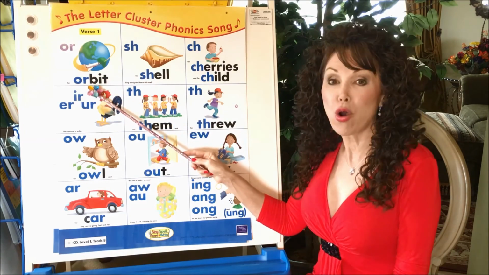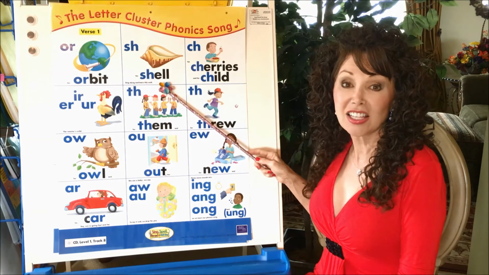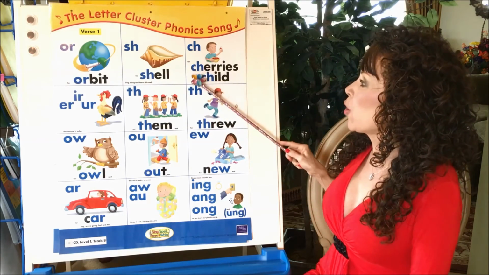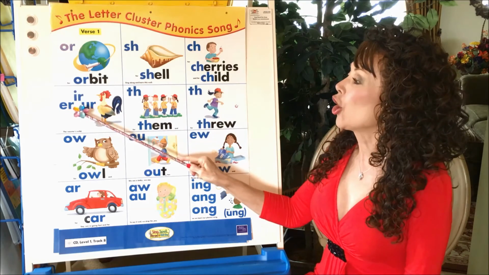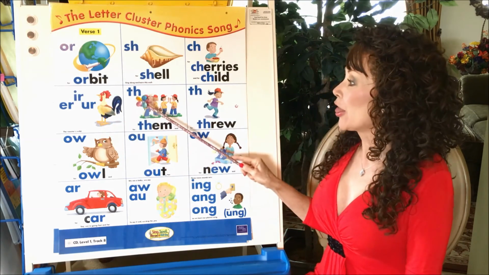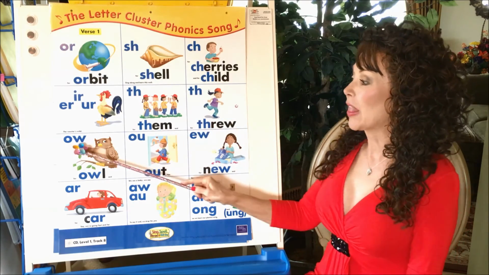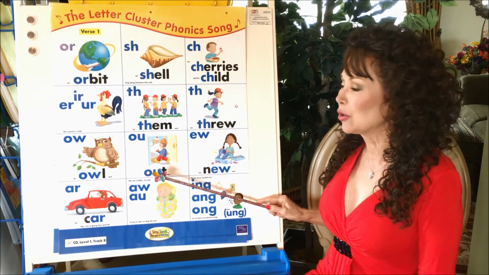Or for orbit, sh for shell, sing along and learn this well. Ch for cherries and for child, the rooster's wild. Th for them and for through, ow for owl and ou out too.